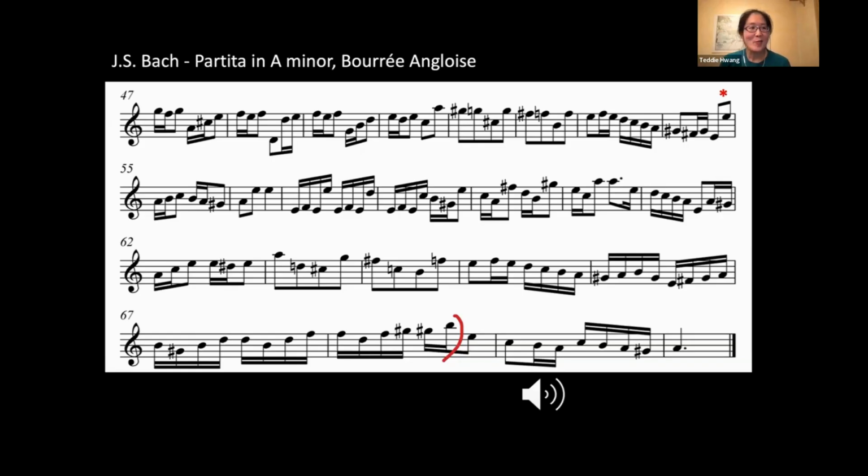Yeah, and so these are only very, very few musical examples I can show today in our short session. There are obviously countless instances with these kind of irregularities or things that don't seem immediately clear on the page.